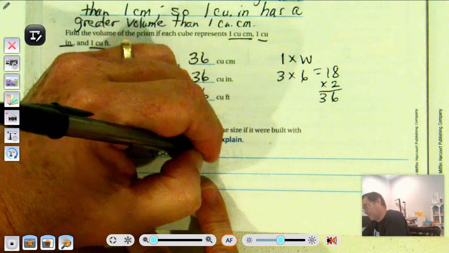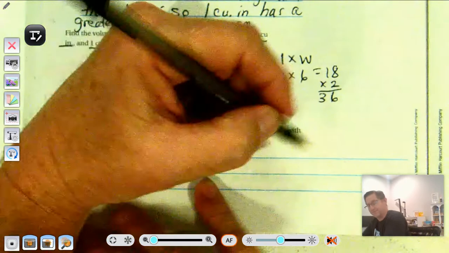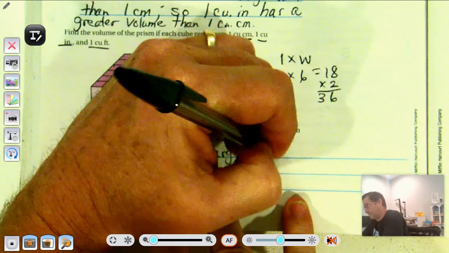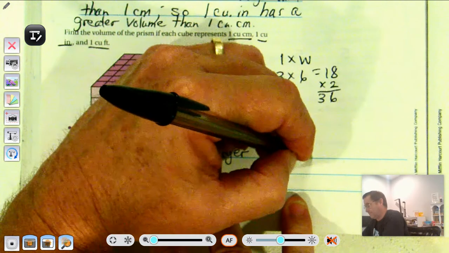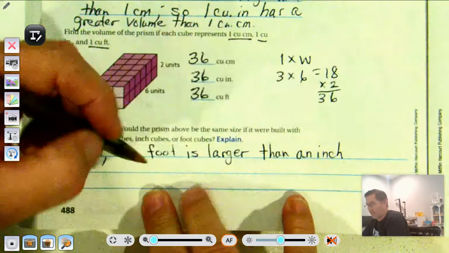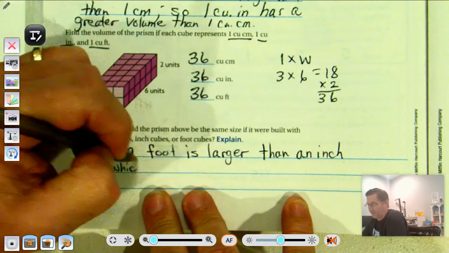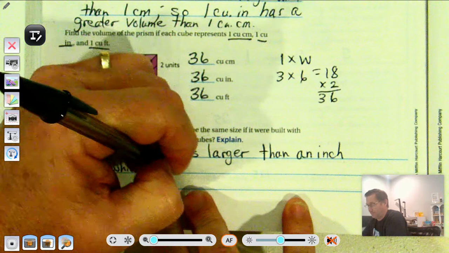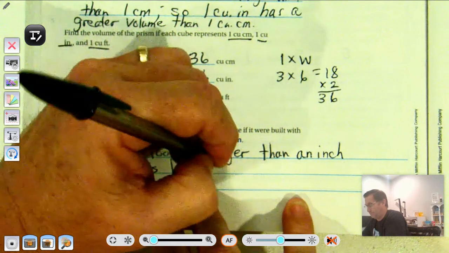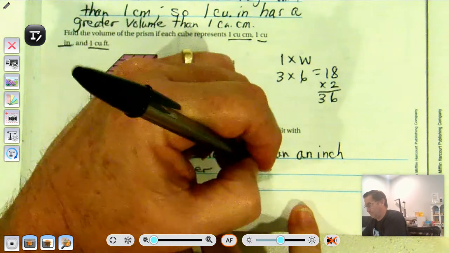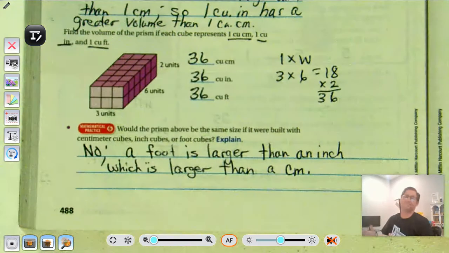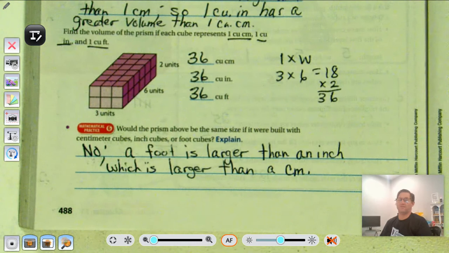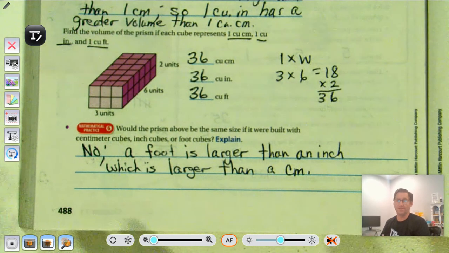So a foot is larger than an inch, which is larger than a centimeter. Okay. So they're clearly not going to be the same. The largest prism would be the one that's cubic feet.